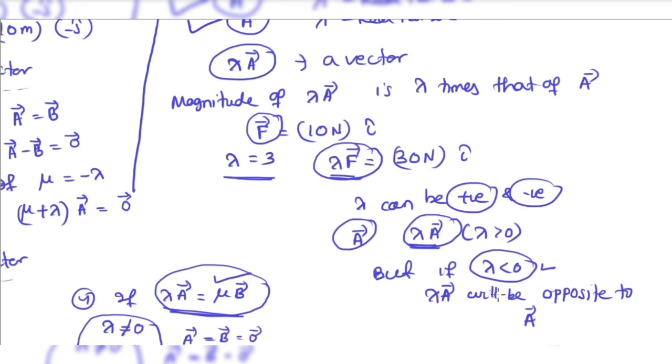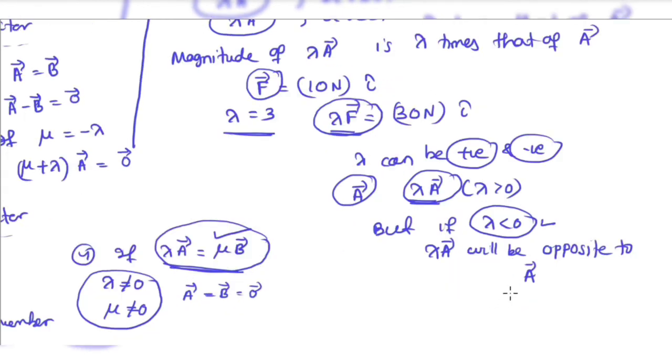For example, suppose F equal to 10 Newton I cap. If I take lambda equal to plus 3, a positive value, then lambda F vector will be equal to 30 Newton into I cap. So you can see that this lambda F vector is also acting along the positive x-axis. So lambda F vector and F vector are parallel to each other.